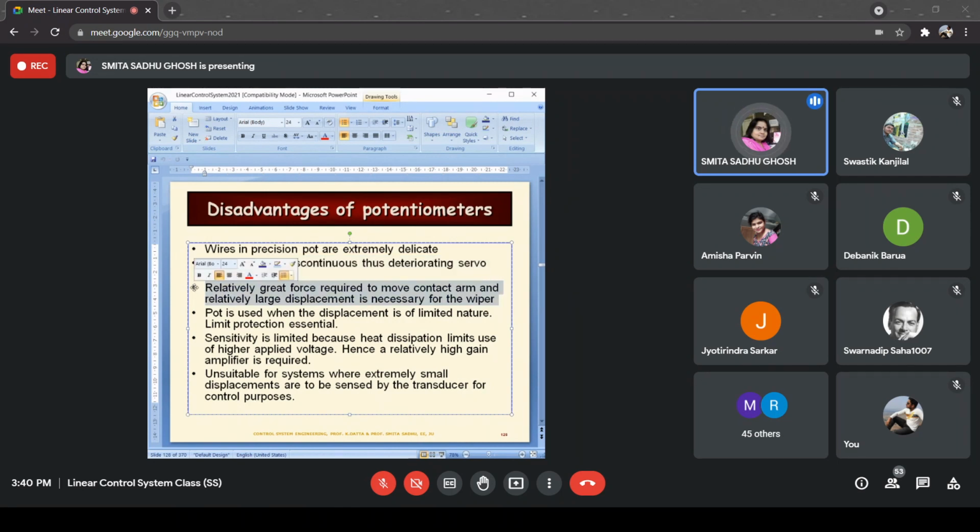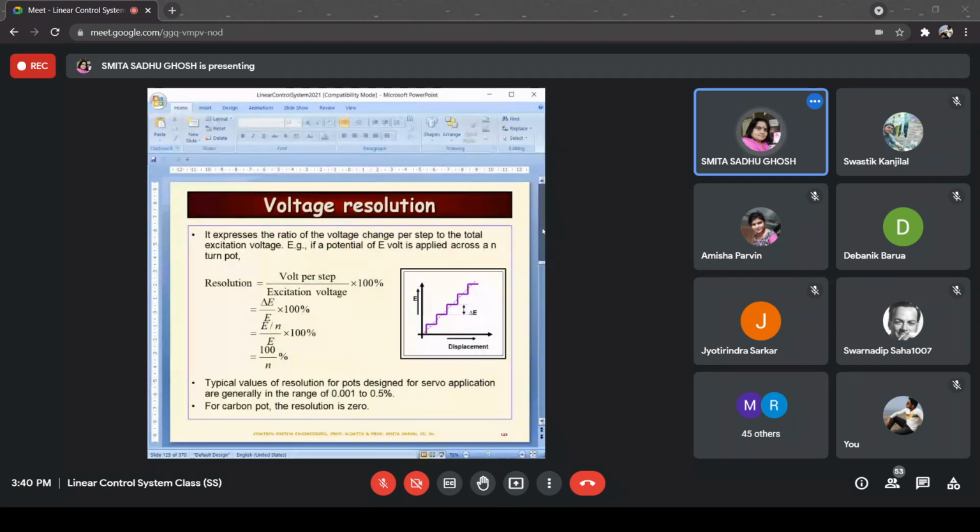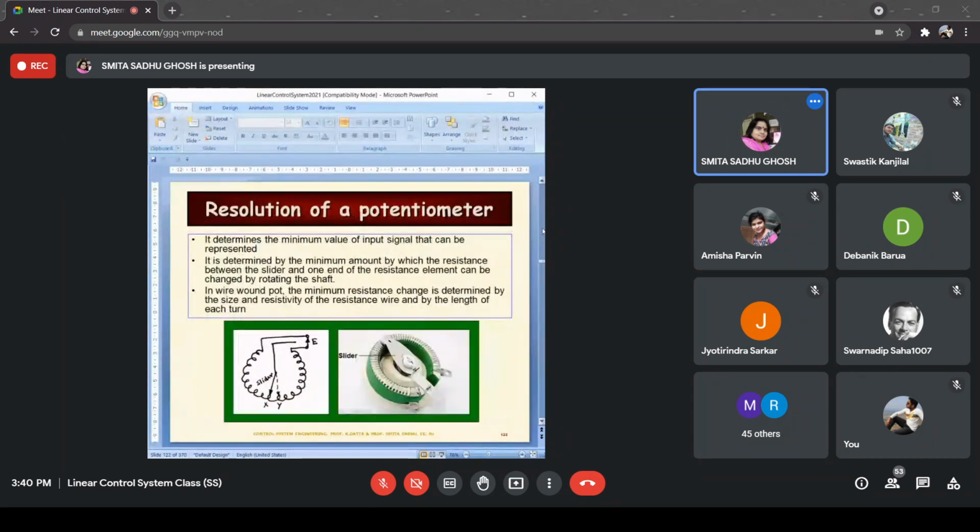Next is that relatively great force is required to move the contact arm, and relatively large displacement is necessary for the wiper. What we are stating here is, let me just show you this one. If you want this slider to be in close contact with the wires, that is what we want.